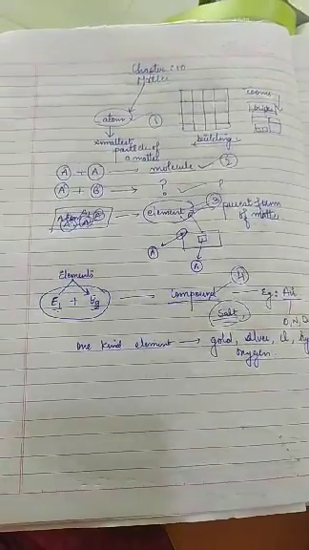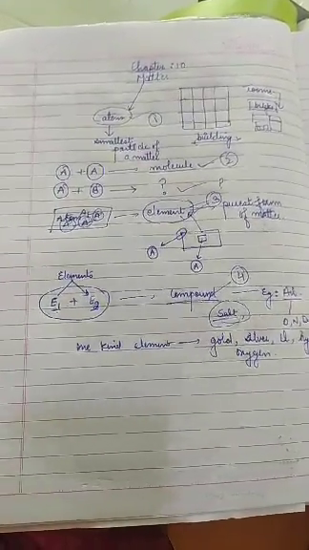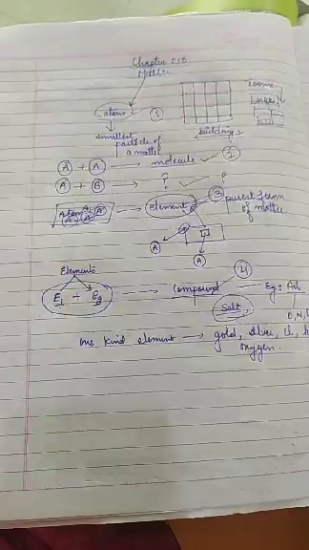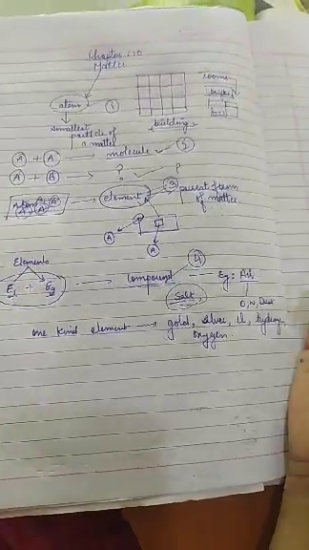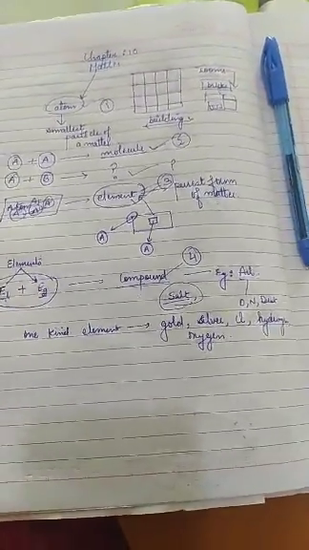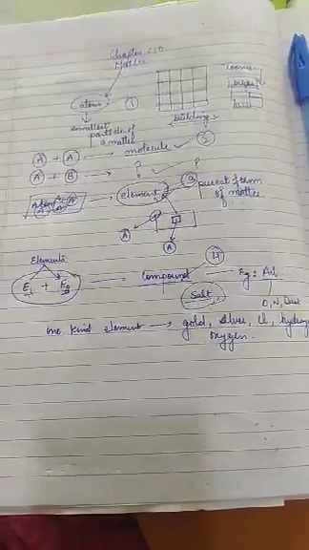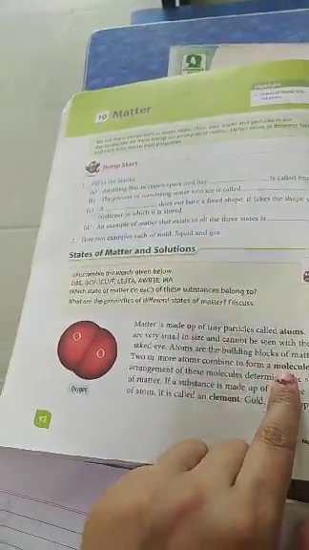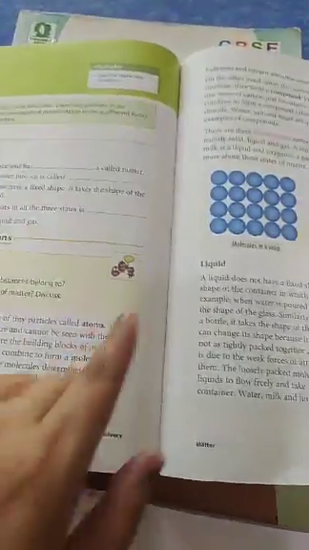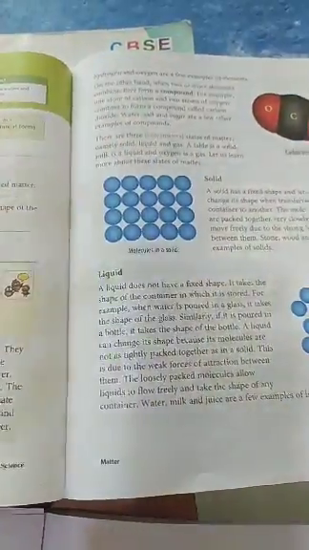These 4 words, we are now familiar with them. Right? Clear? So from your book, if I say that, just look at your book: atom, molecule, element, compound. Okay?